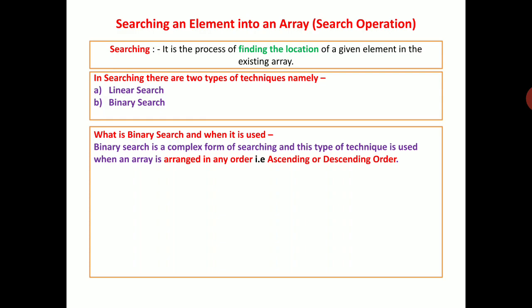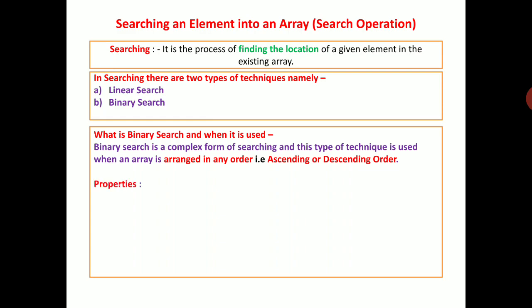This is a very important point to be remembered here. If we have an unsorted array, first we have to apply a sorting algorithm, which we are going to discuss in the next class, and then later we apply the binary search technique.